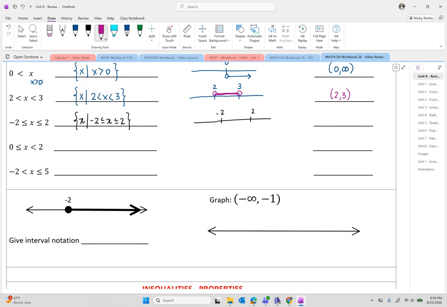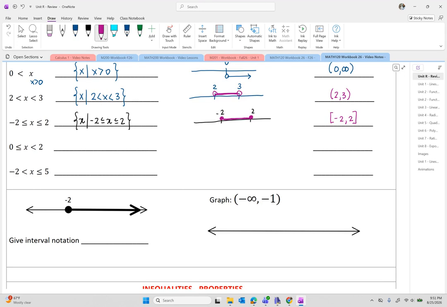I will shade the part of the number line that includes the numbers between those two critical values, and also, since I can equal either of the two endpoints, my endpoints will be a solid circle, a closed circle. Interval notation: closed at negative 2, comma, closed at 2.